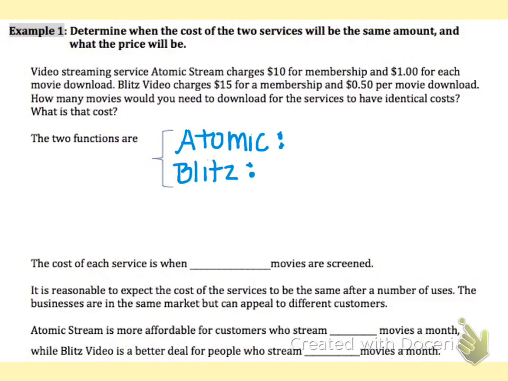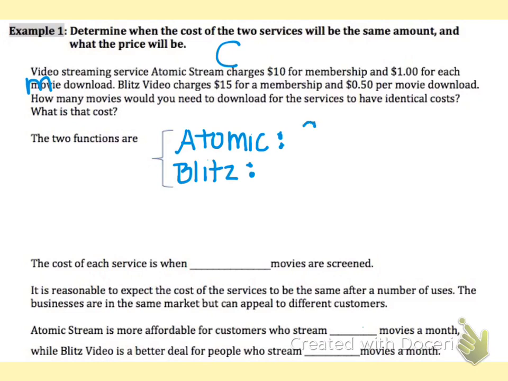Since I'm talking about the cost of streaming, I'm going to call the cost, or the charges, C. And then the other thing, movie downloads, we'll call M. So M will be for movies, and the cost, the charges, will be C.